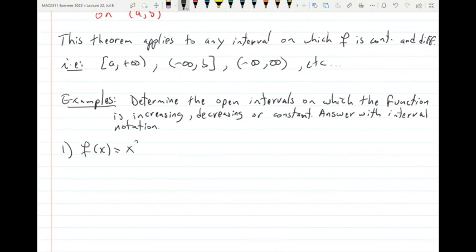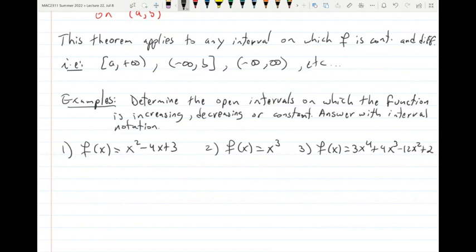Let's see: f of x equals x squared minus 4x plus 3. Start with something simple. And let's do x cubed. Now let's move to something more interesting: 3x to the 4 plus 4x cubed minus 12x squared plus 2. So 1 and 2 are our sanity check examples.